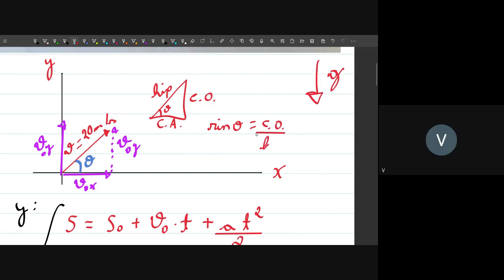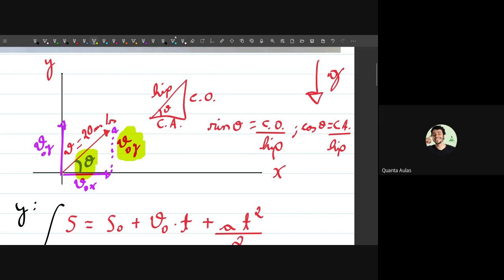You only need to note what is the opposite and what is the adjacent. For example, here we can note this side is the opposite of this angle.